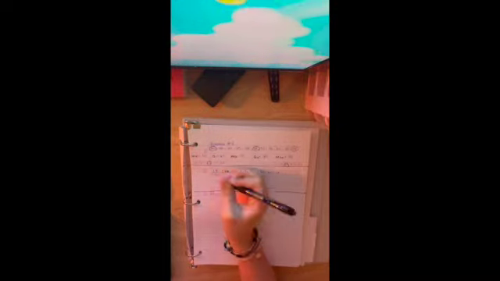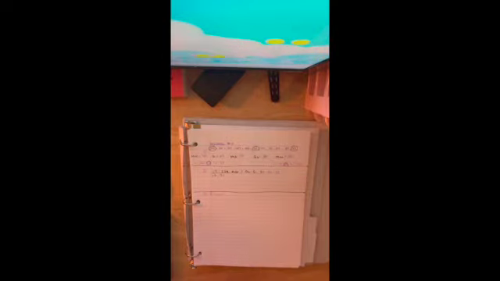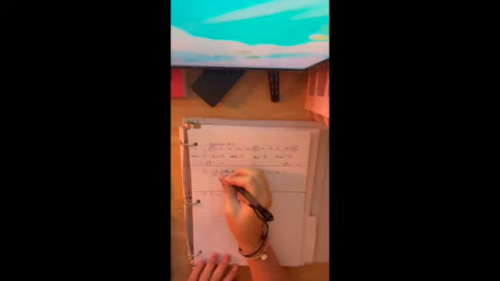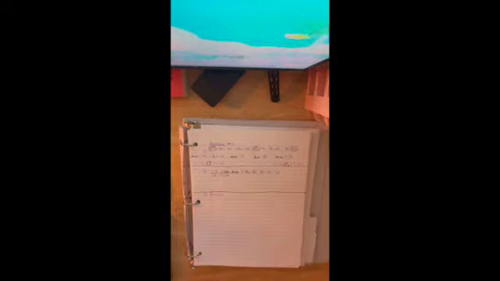Then you plug that into this formula right here. So you'll do 1.5 times 18, which gives you 27.